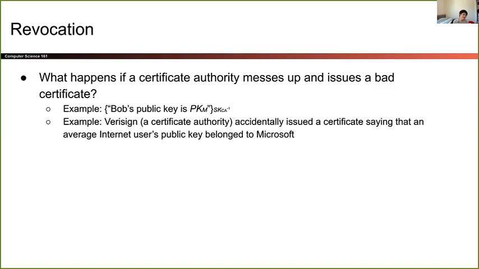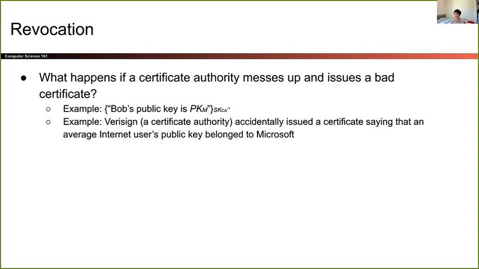And they accidentally issued a certificate saying that some random user's public key belonged to Microsoft. Microsoft, if you haven't heard of them, is a fairly large company. So the fact that someone now has a key that looks like it belongs to Microsoft is an issue.